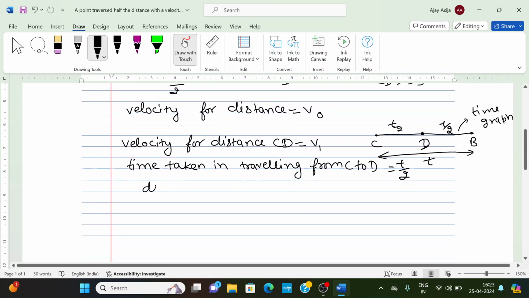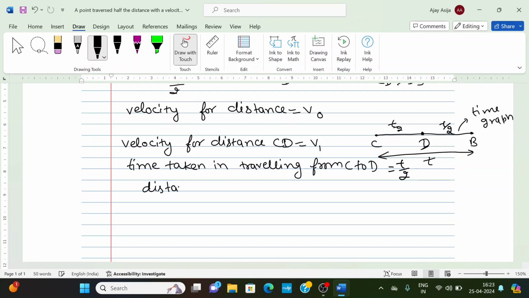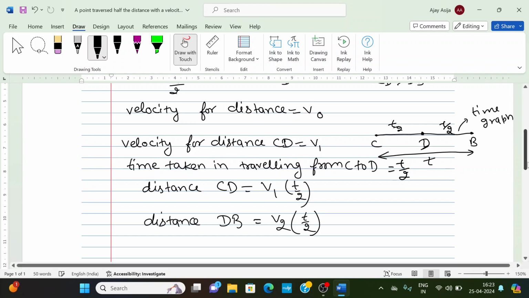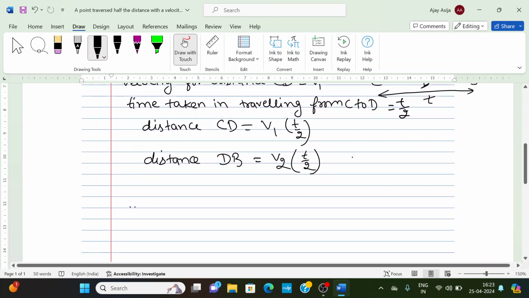So distance CD is v1 into T by 2. Similarly, we can find the distance DB. Velocity for the distance DB is v2 and the time taken in traveling from D to B is again T by 2. So this distance is v2 into T by 2.